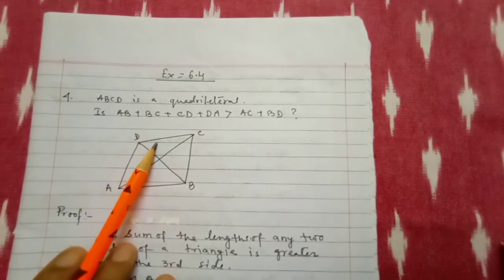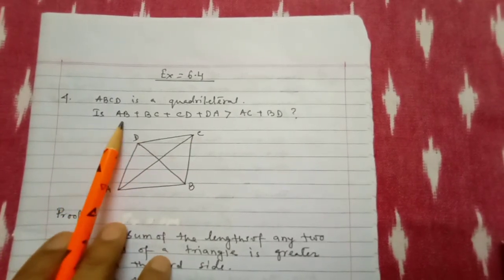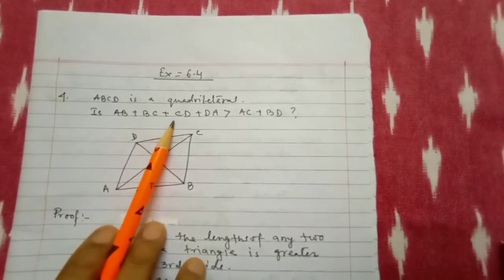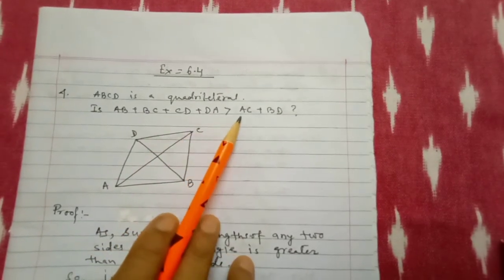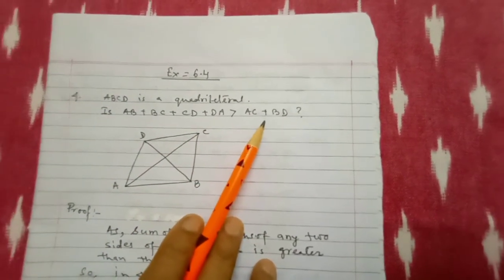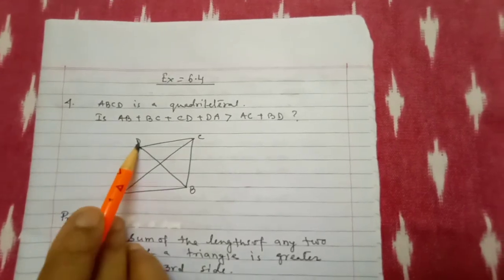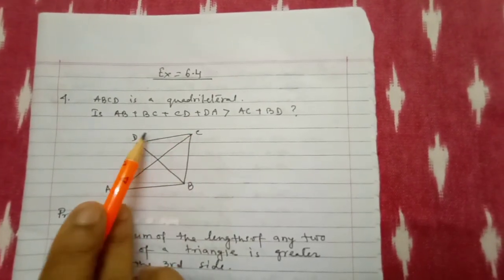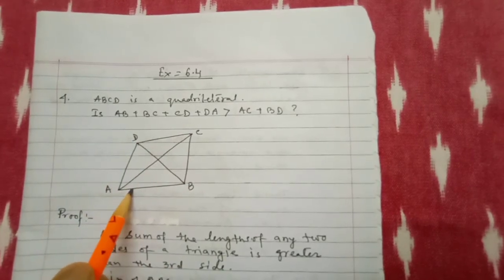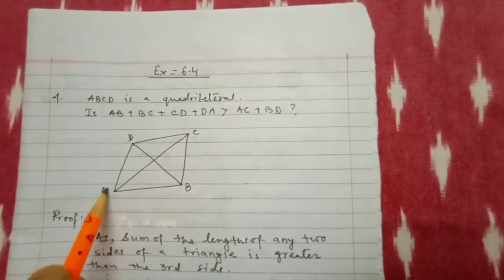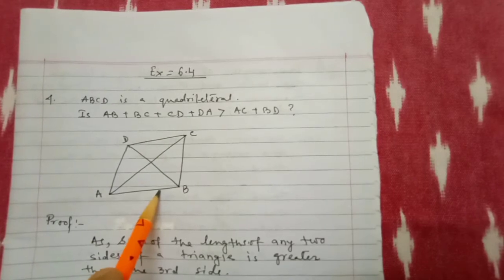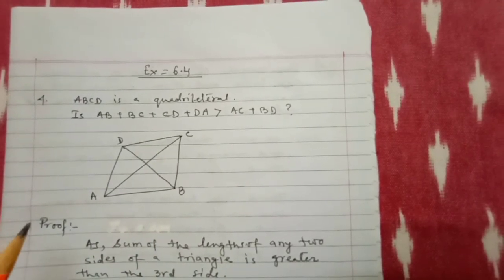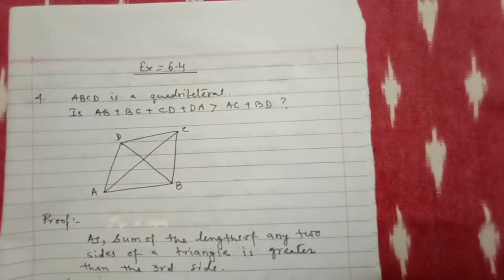Is AB plus BC plus CD plus DA greater than AC plus BD? We have to find out, or prove it.